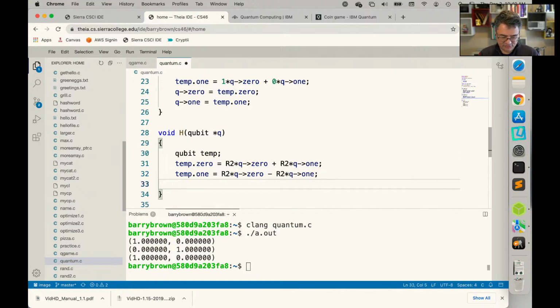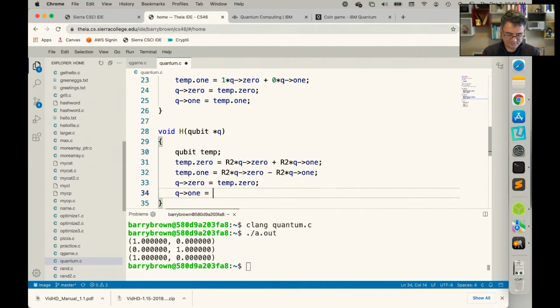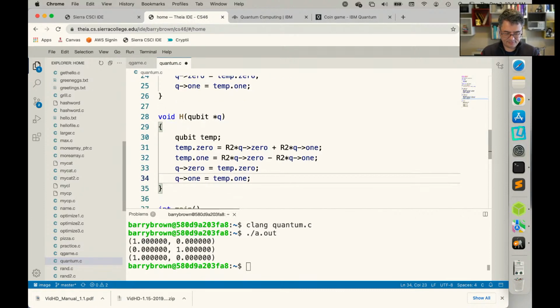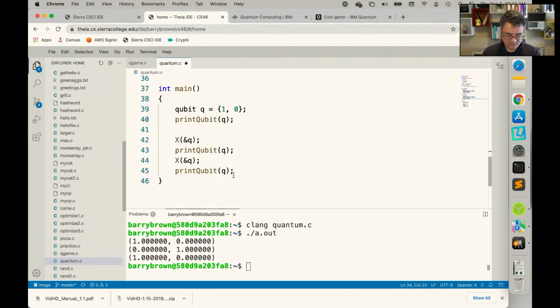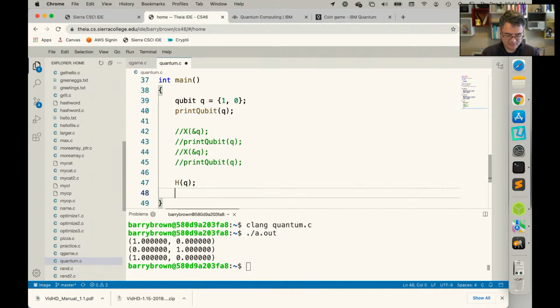And then we'll put those values back into Q. Okay, so let's take Q and apply the H operation to it, and then print it out.